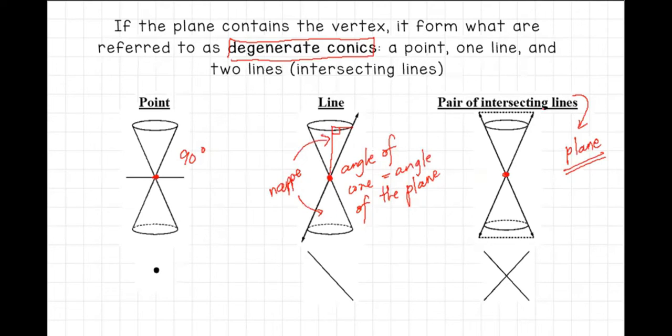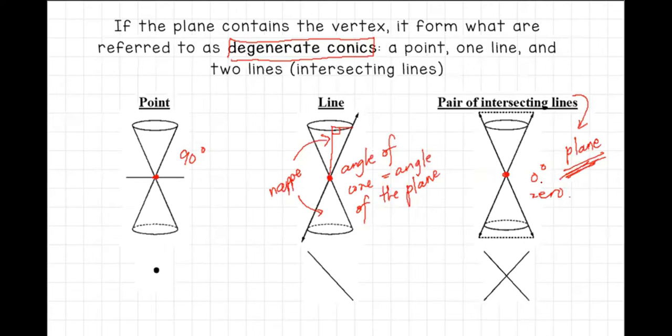And then for the intersecting lines, nakita nyo naman yung ginawa natin kanina, pinatayo natin yung plane. Tapos in-intersect natin siya. So the angle of the plane is at 0 degrees. Or simply, naka-0 siya. Okay? And that is when you will get a plane. So yun lang naman yung conics natin.